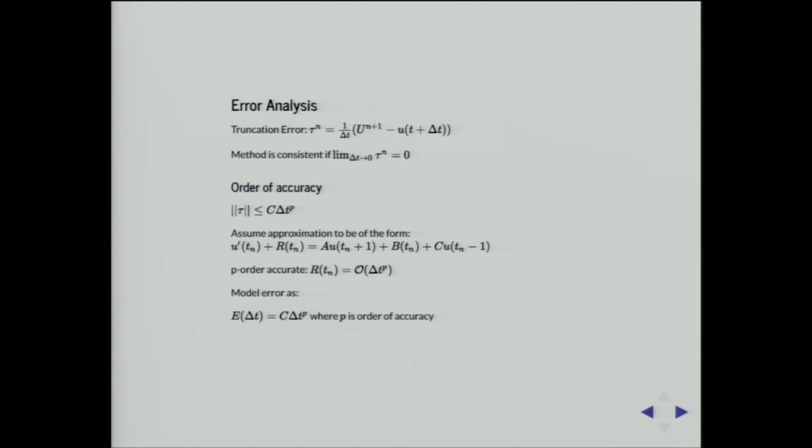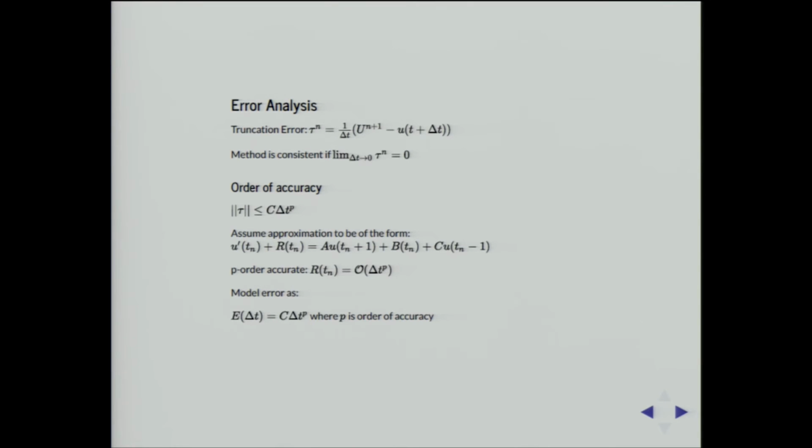For error analysis, the truncation error is the result of neglecting higher order terms in my approximation. You get this by replacing, in the expression for your method, the Taylor series expansion of your true solution, and then canceling out terms with your method.